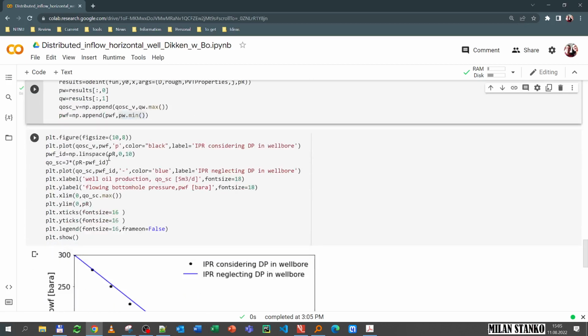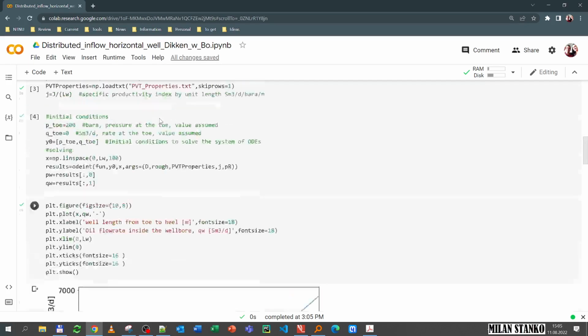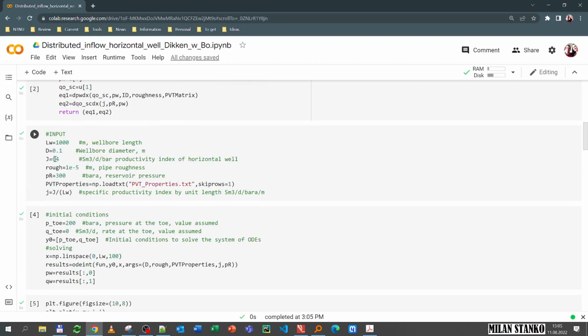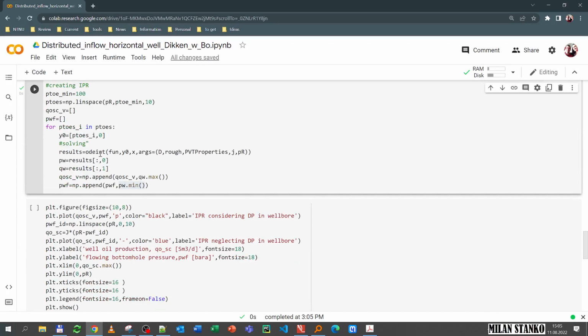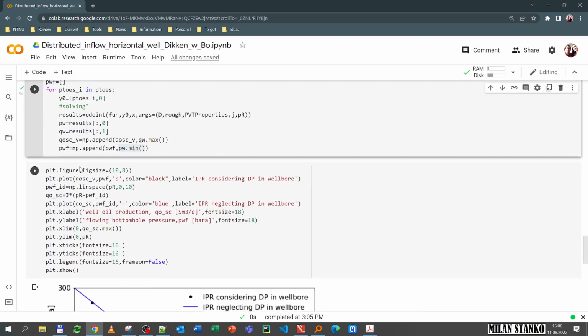And then finally, I'm going to make a plot here, and I'm going to plot the initial IPR, which was neglecting the pressure drop at the wellbore. Remember, this one was using a J of 64. And I'm going to plot the results that I obtained.